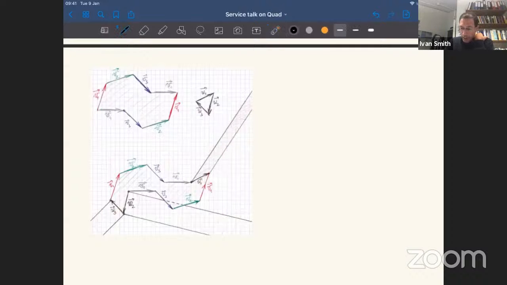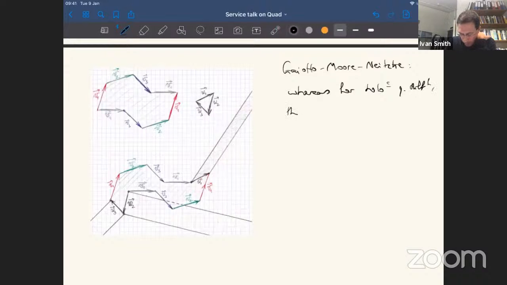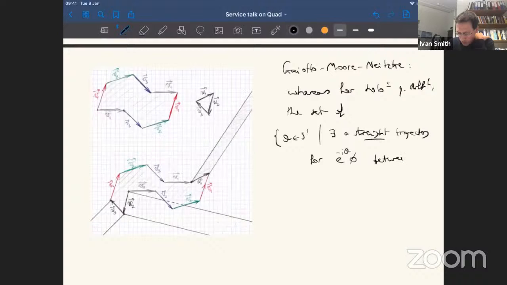It's an important observation, which we learned from Gaiotto, Moore, and Neitzke, that whereas a classical theory of quadratic differentials, the set of theta in S1 such that there exists a straight trajectory in the Euclidean metric for e to the minus i theta phi between 2 zeros.